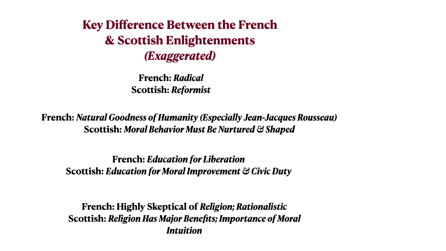And maybe most important, the French Enlightenment tended to be highly skeptical of religion, if not anti-religious, and very rationalistic, at least before Rousseau, in its understanding of the world.